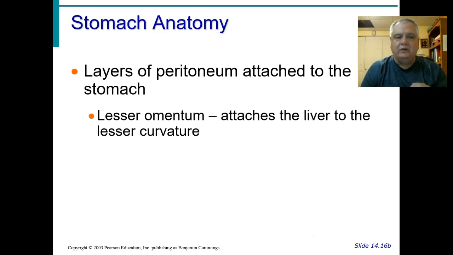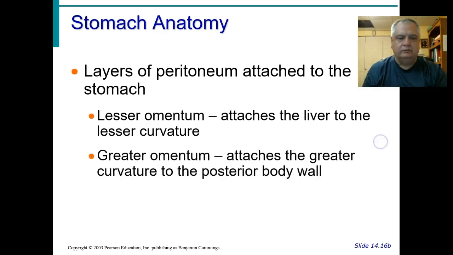As it does, it forms two curtain-like structures. One is called the lesser omentum. The lesser omentum attaches the stomach to the liver at the lesser curvature. So it's a connection between the lesser curvature of the stomach and the liver. The greater omentum attaches the greater curvature of the stomach to the posterior body wall.